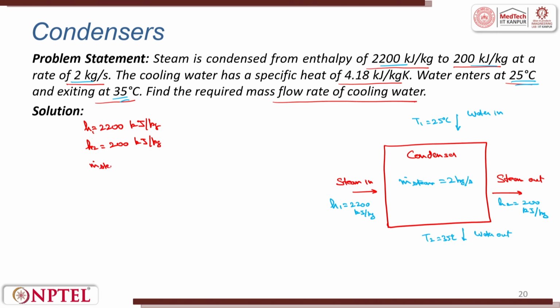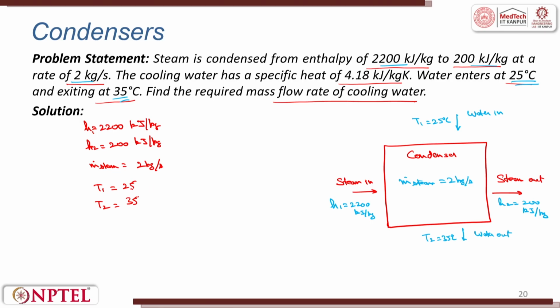Mass flow rate for steam is given as 2 kg per second. T1, T2 is given, which is 25 degrees and 35 degrees respectively.